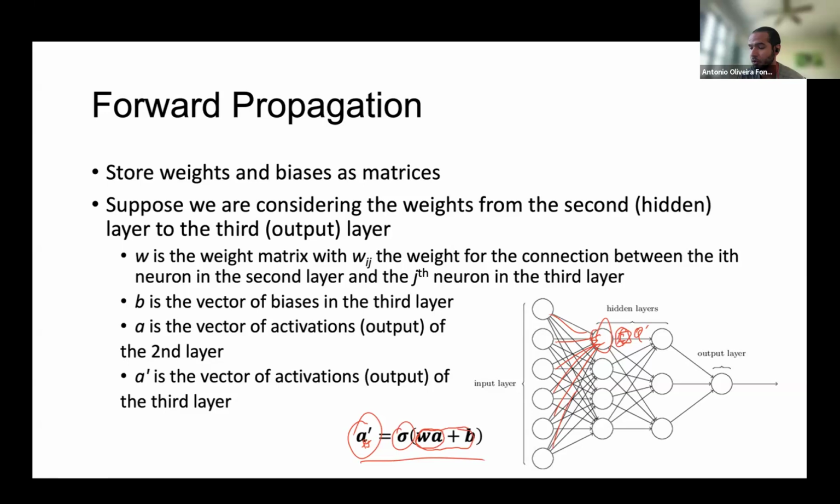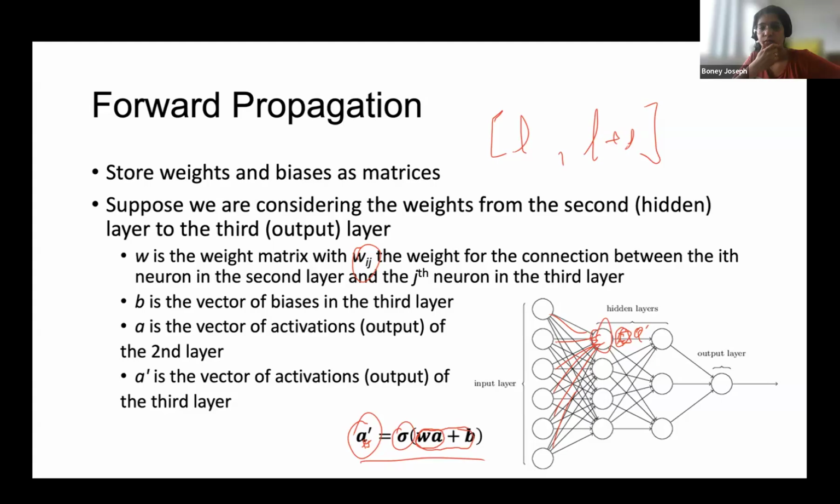Right, right. This is the connection between any layer L and the layer L plus 1. That's two successive layers in this neural network. So let's say that you have 3 layers, you have at least 2 Ws. Okay.